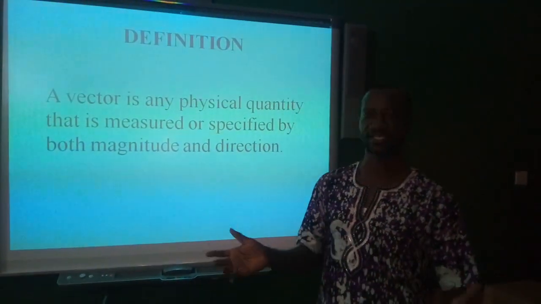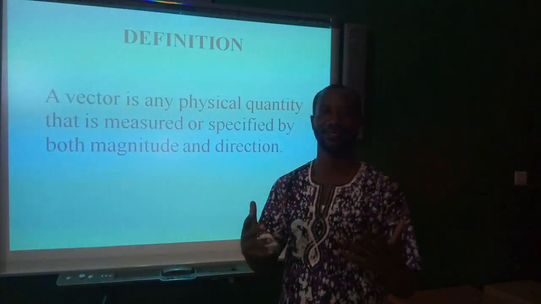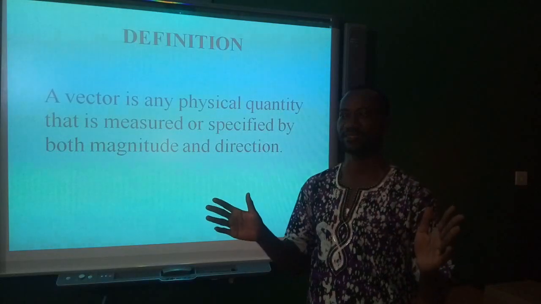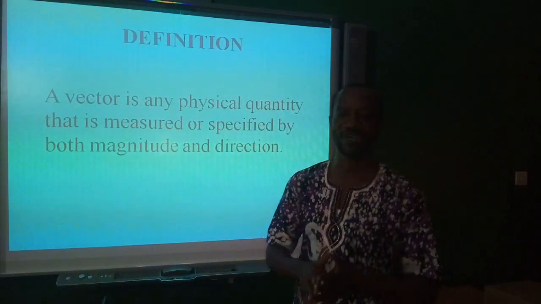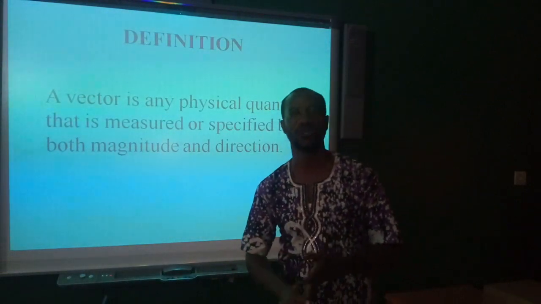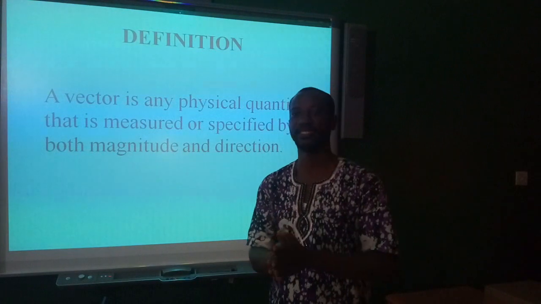To measure distance, you only take your ruler and measure. These are called scalar quantities, or simply scalars. Examples of scalars are distance, temperature, time, speed, and so on.